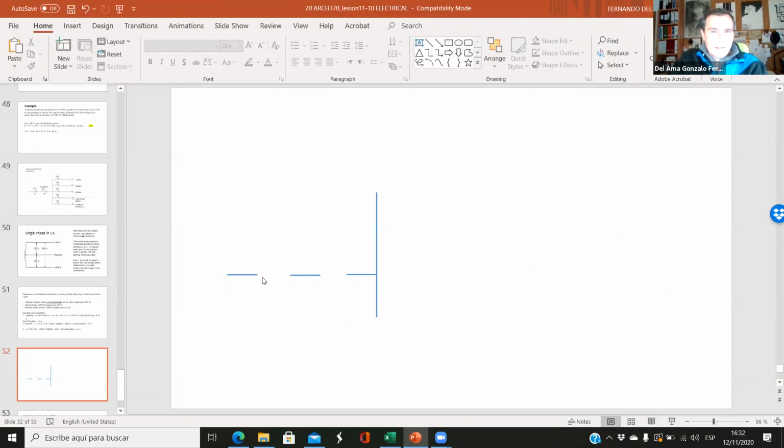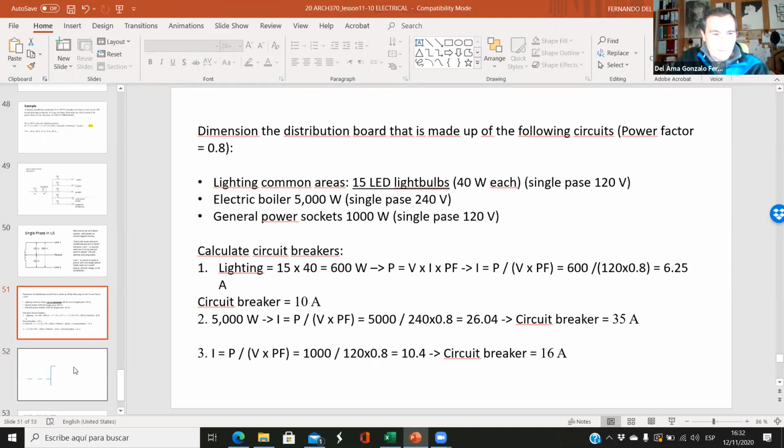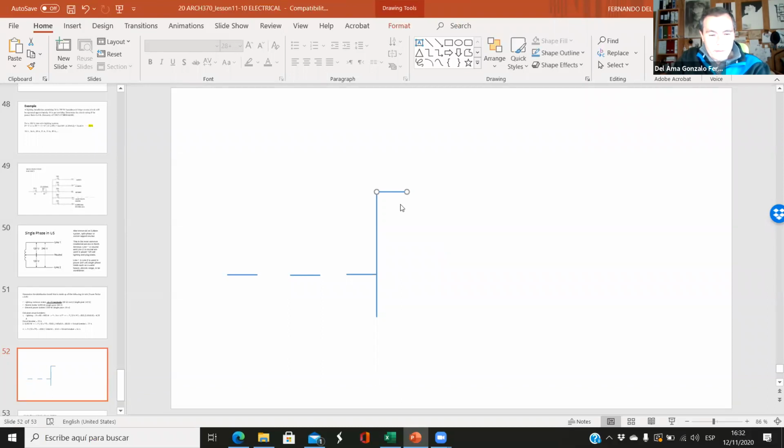What are these two elements? We'll talk about this later. But as you know, here we have three circuits: 1, 2, and 3.